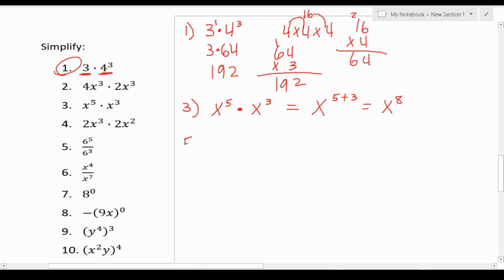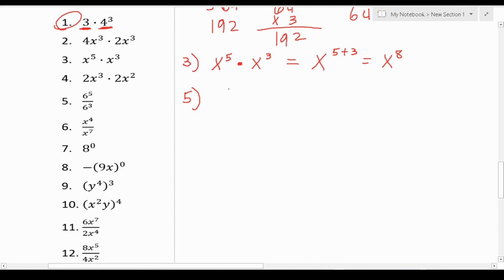All right, let's move on to number 5. We have 6 to the 5th over 6 to the 3rd. So as we look at this problem, we should be saying, what law of exponent can I use? Well, the bases are the same in this case, 6 and 6.